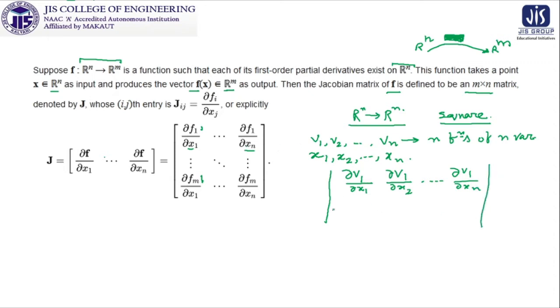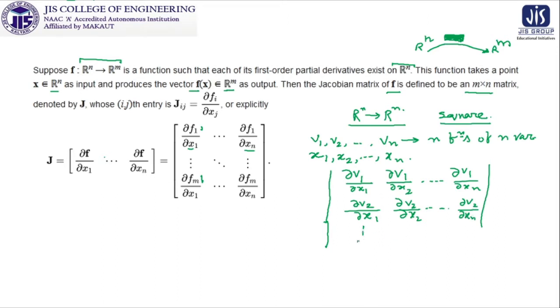Now if we go for the second row, it will be del v2 del x1 and so on up to del v2 del xn.